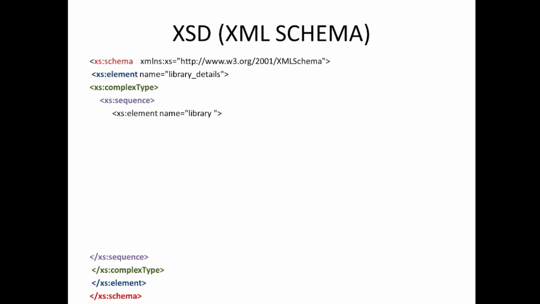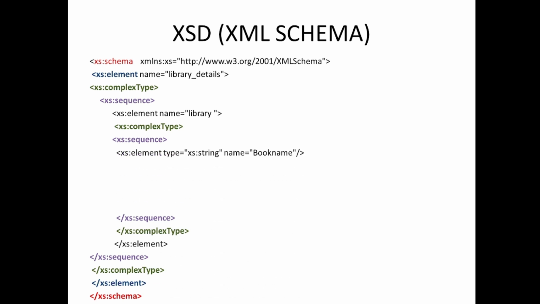So now you can see here xs:element name is library. Again we see that library will consist of different children, so you take xs:complexType, and it will be arranged in some sequence order, so you take xs:sequence. And then you have to mention all your elements here along with the data type. That is your XML schema actually.